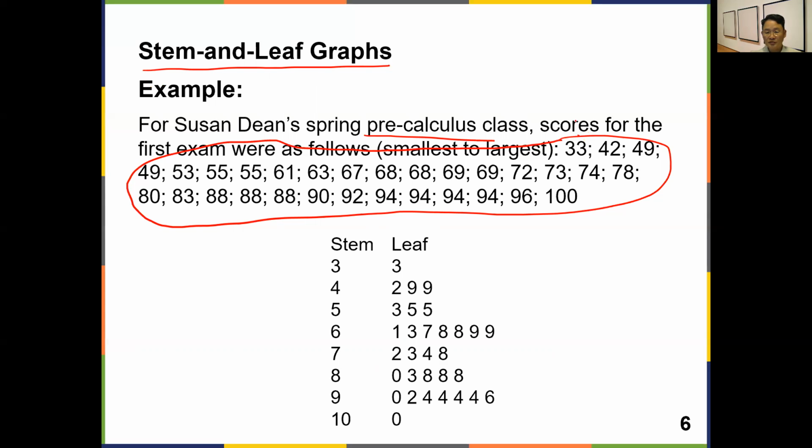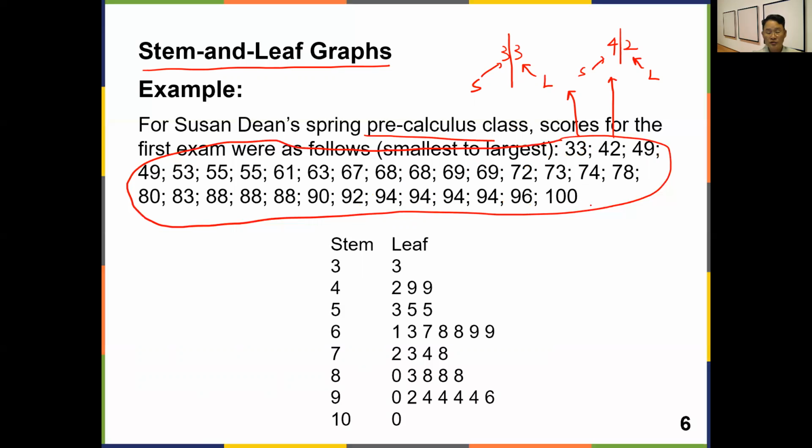Now, for example, this first number, 33, right? We're going to divide it into two parts, the stem part and the leaf part. This number 2, 42. This is going to be the stem part. This is going to be the leaf part. So you check out all the stem numbers, and you know this data is already in order, which is nice.